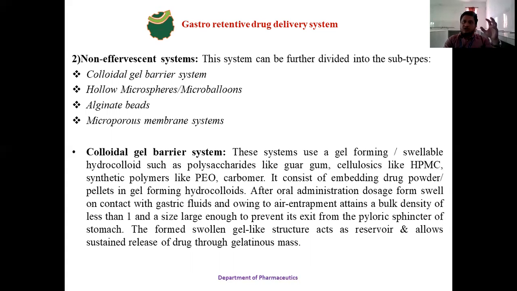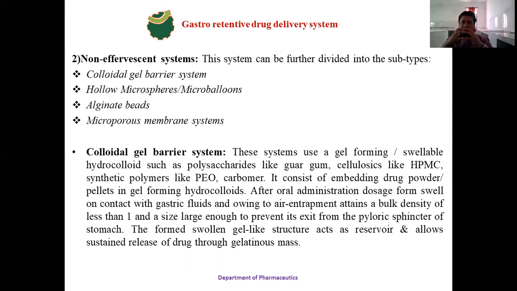We normally use various polymers which will swell. In the colloidal gel system, the swelling of the polymer will cause a balloon type effect, or air to get entrapped in the system, and because of that the system will float in the gastric fluid. When any system swells, the air is entrapped inside and the density decreases. Then it will float in the gastric fluid.